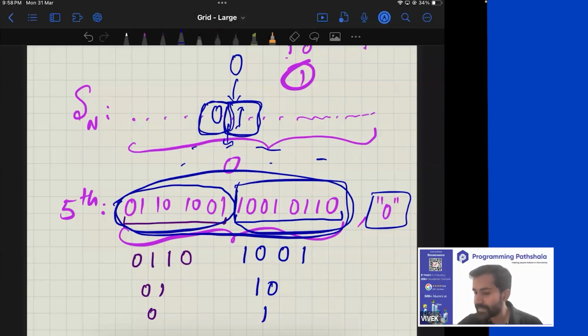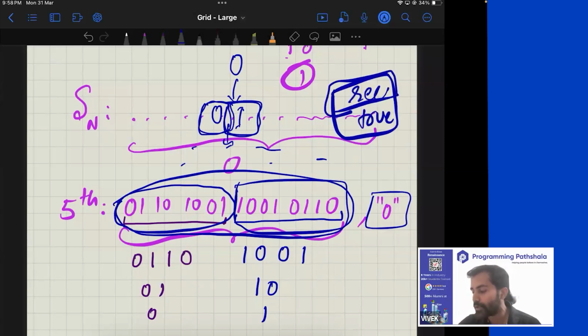And now what I'm saying is that this definition is recursively true. I mean, it's always true. It doesn't have anything to do with your knowledge of recursion. The important thing is that this statement is universally true. It's globally true.